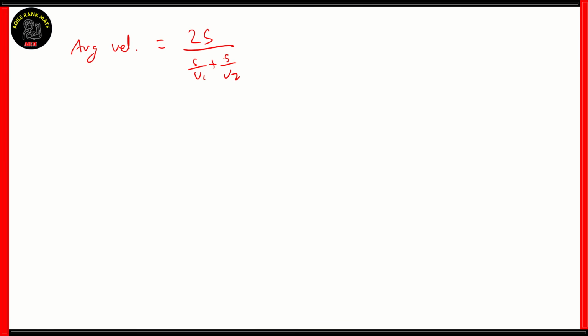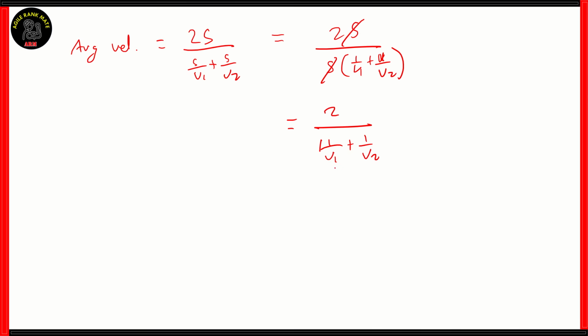So let's take s from both of those fractions and take it as a common factor. So therefore, you have 2s over s times 1 by v1 plus 1 by v2. So s and s cancel out. So what you have is 2 over 1 by v1 plus 1 by v2.